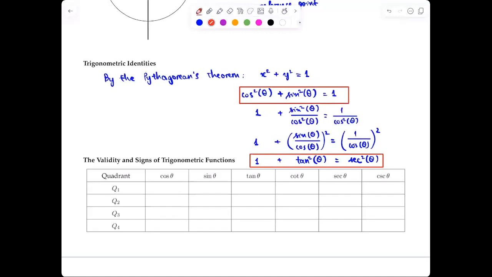All right, so I have a little bit of space on the left-hand side here. That's what I'm going to do. So I start again with cosine squared of theta plus sine squared of theta equal to 1, and now I divide both sides by sine squared of theta. So I have cosine squared of theta over sine squared of theta plus 1 equal to 1 divided by sine squared of theta.